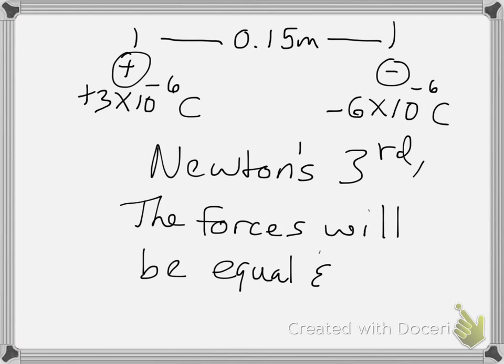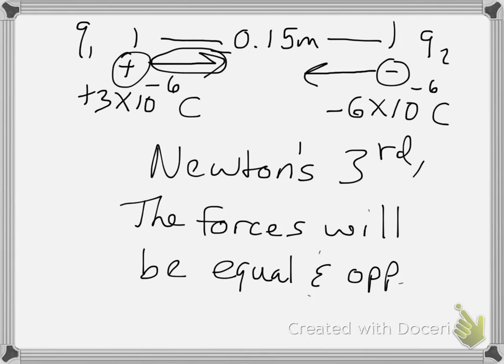So what that means is that if we call this Q1 and we call this Q2, Q1 will pull Q2 this way since it's attractive, and Q2 will pull Q1 this way since it's attractive. These two forces will be equal in magnitude but opposite in direction, and that's simply what Newton's third law says.